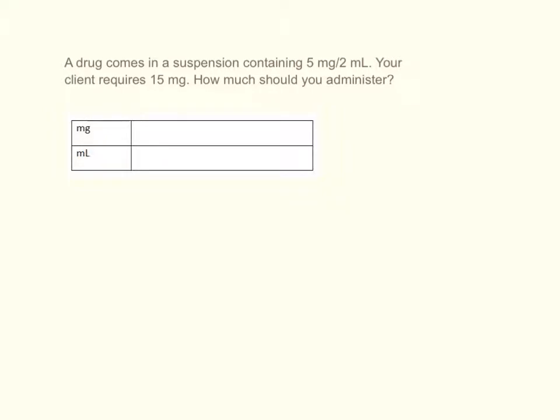We are starting out with 5 milligrams in every 2 milliliters. And in this case, we want 15 milligrams. And the question is, how many milliliters will I need to get those 15 milligrams of medication?